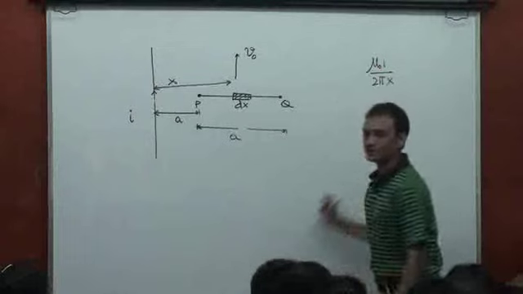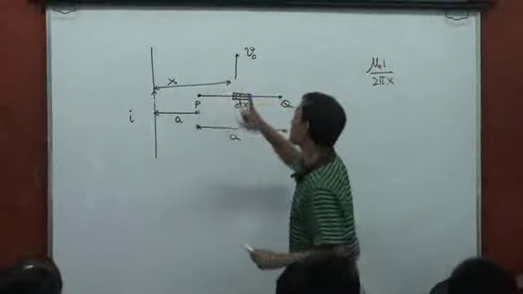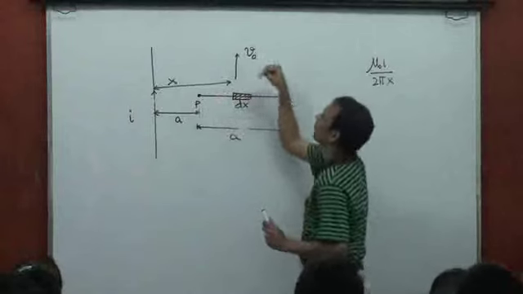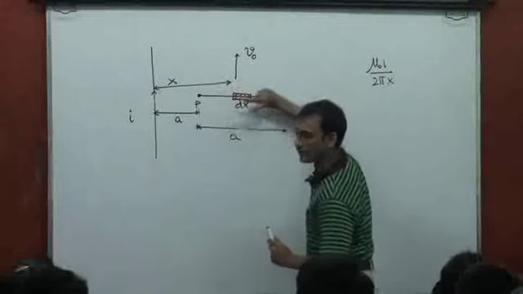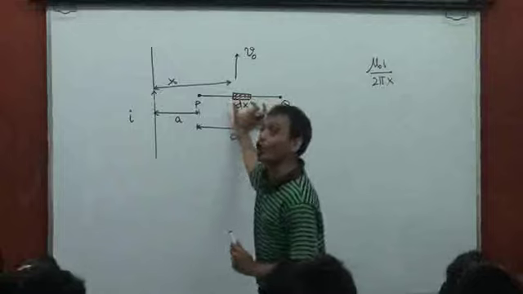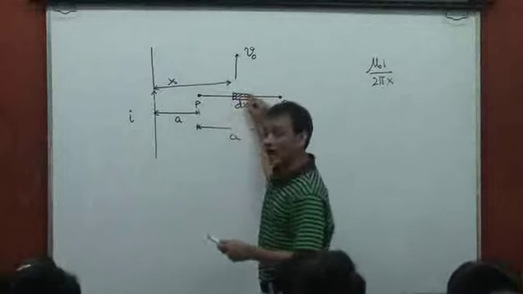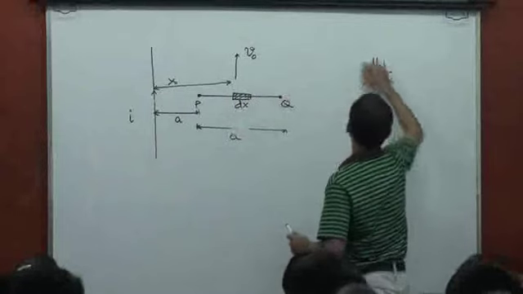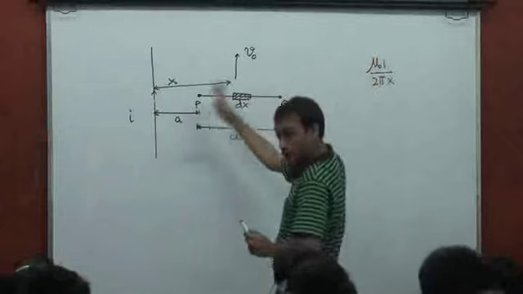That's the magnetic field to which it's exposed, and that magnetic field is into the plane of the board, right? Now if this has an upward velocity and B is into the plane of the board, then V cross B is leftwards. So this is a small conductor of length dx, exposed to a magnetic field mu naught I by 2 pi x. So it acts as a source of EMF to PQ.